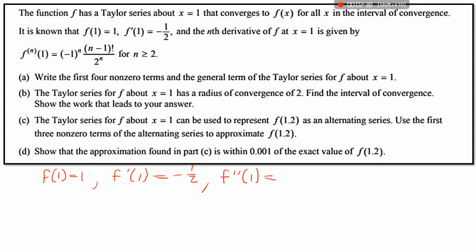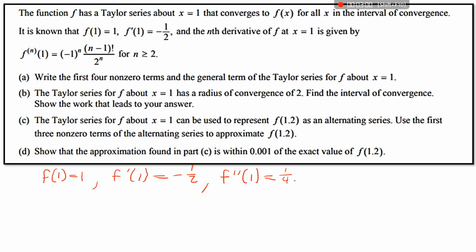That's plug in 2. Okay, if I plug in 2, this would be negative 1 squared is 1, and then the 2 minus 1 is 1 over 4.